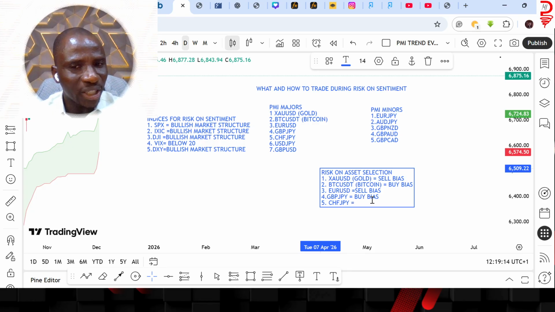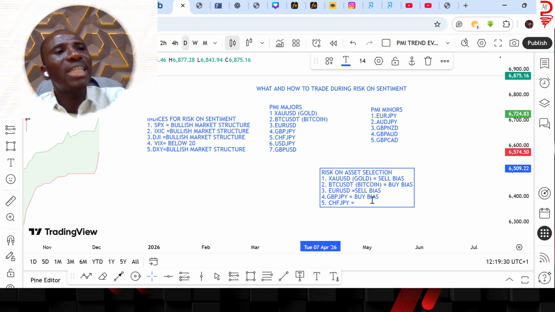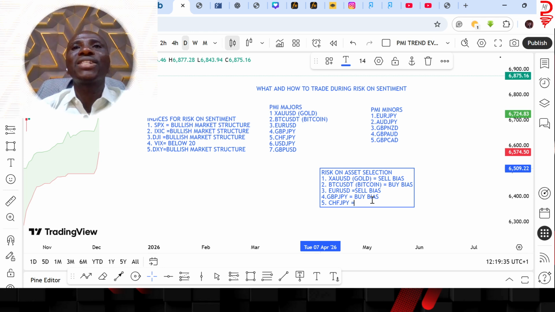I want you to take note now. The flow of capital out of JPY will be faster than that of CHF, which means that if any investor decides to retain any of his capital in the safe haven, they will prefer to retain it in CHF with 0% interest rate than JPY with 0.5% interest rate.